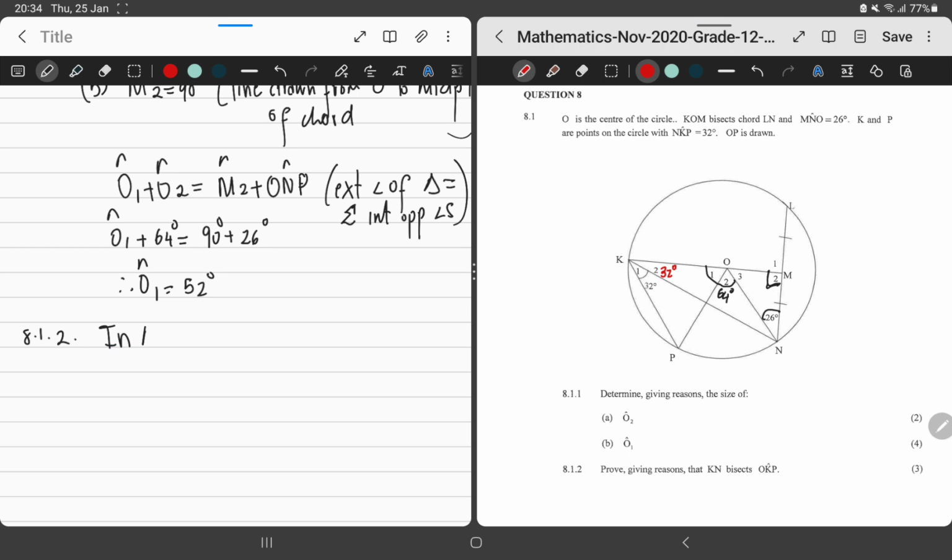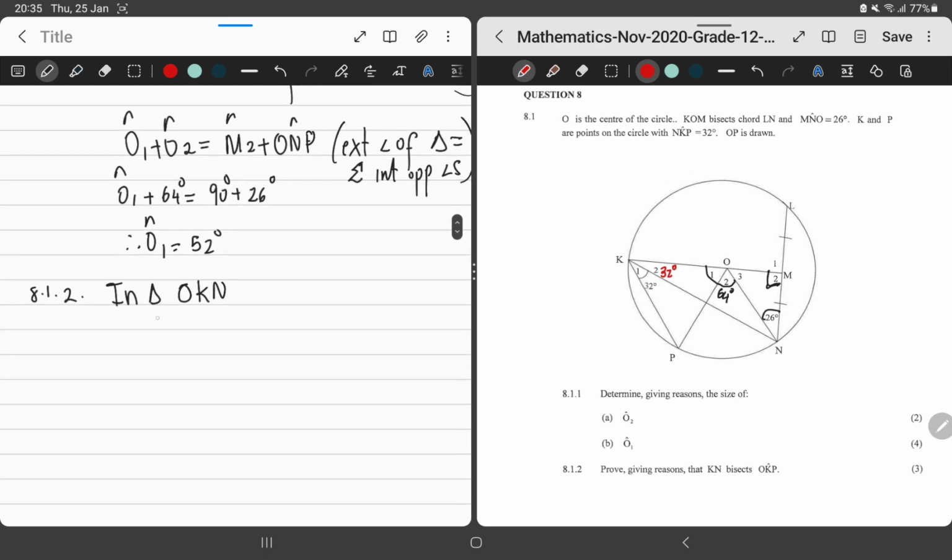In triangle OKN, I can see that OK is equal to ON, and this is because they are both radii. So here from there to there, and then ON is also a radius. So this angle should be equal to that angle.